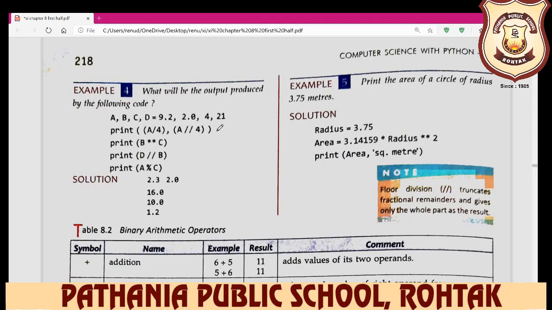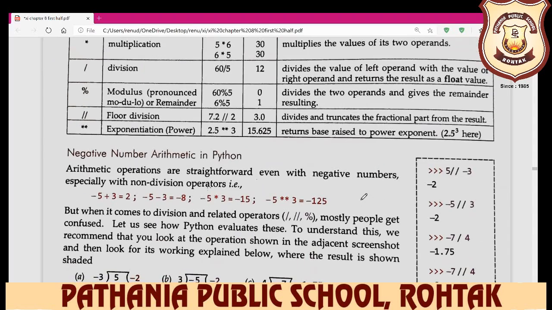So the A value is 9.2 divided by 4, and its answer is 2.3. But when you use floor division, your answer is 2.0. It truncates the last value and only displays the whole number. And when you use the exponential operator, then your power will be displayed. So these all are your binary arithmetic operators.